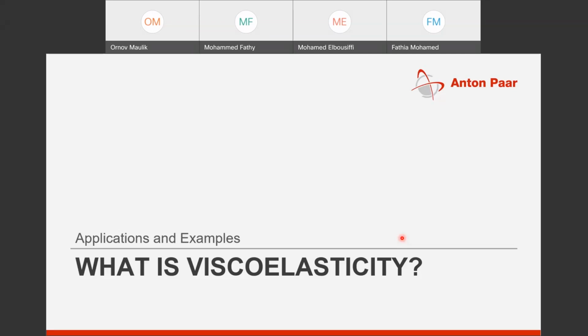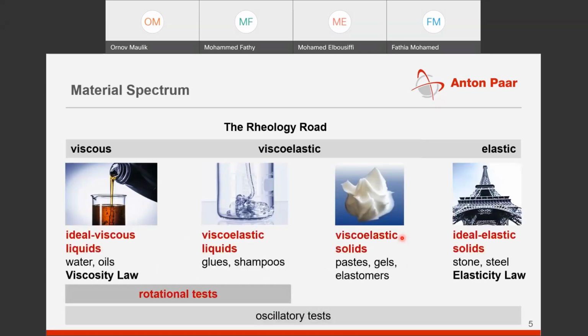So before going deeper into viscoelasticity, again, I would like to show you a material spectrum. As I explained yesterday too, when I say materials, I am mainly talking about materials which you can physically see or physically feel. Those types of materials can mainly be classified into 4 parts.